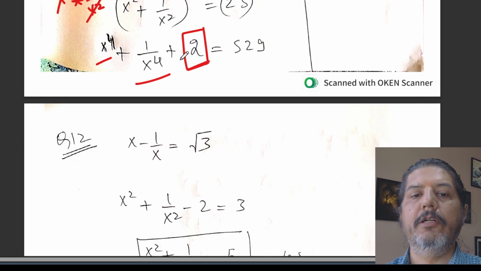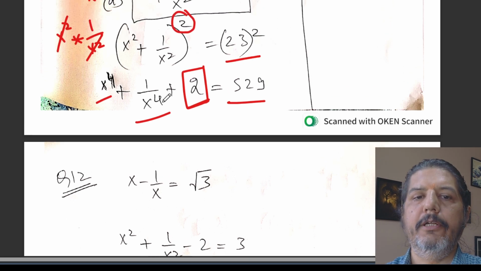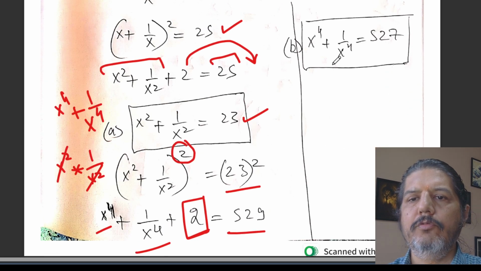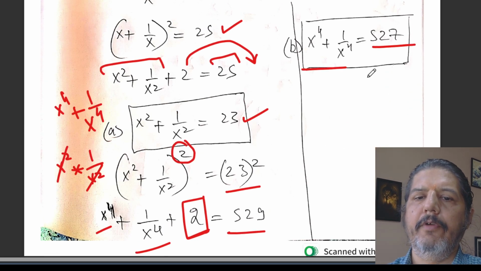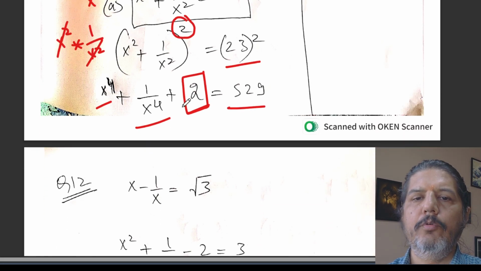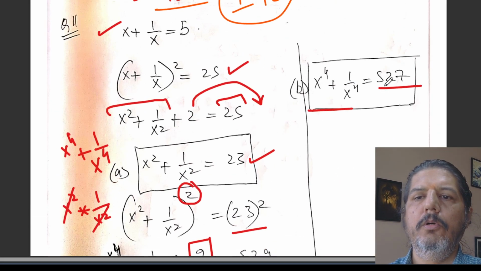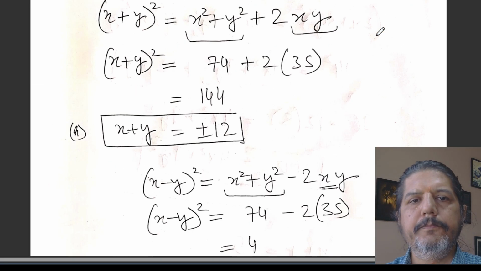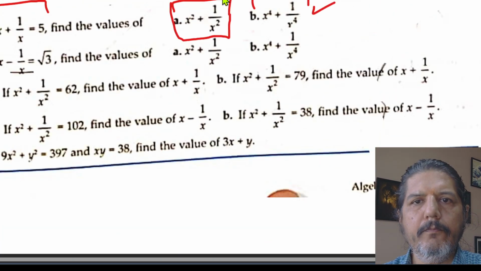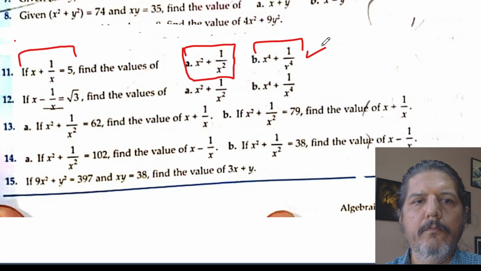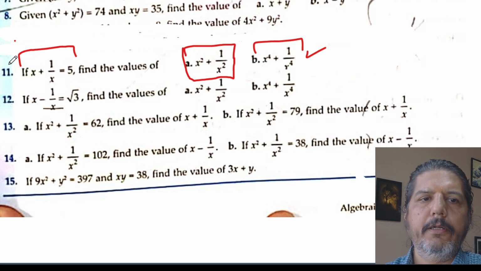So x4 plus 1 upon x4 plus 2 would be equal to 529. 23 square is 529. So x4 plus 1 upon x4 would be equal to 527. Where do I get 527? 529 minus 2. So this is how question 11 is done.